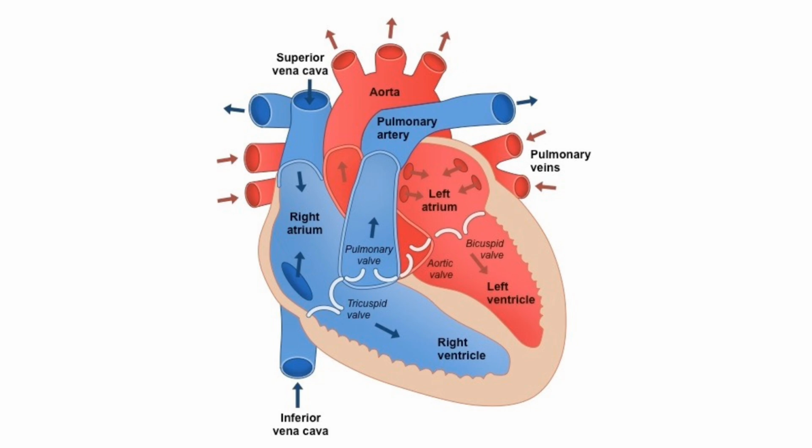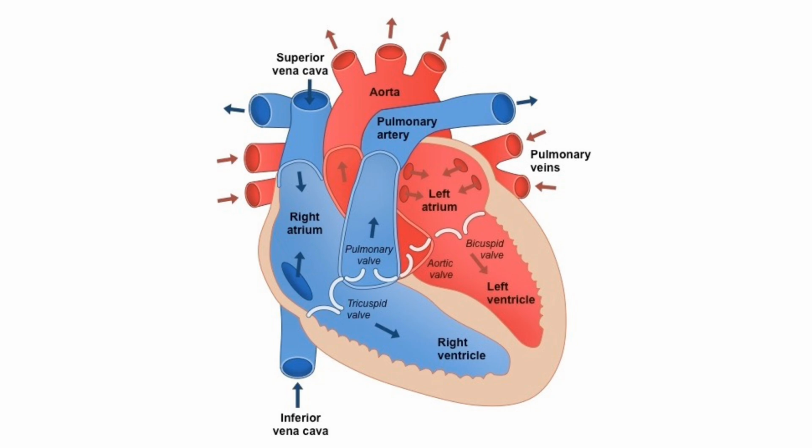Valves are structures in the human body which prevent the backflow of blood or any other fluid. The tricuspid valve prevents the backflow of blood towards the right atrium. It directs the blood towards the right ventricle.